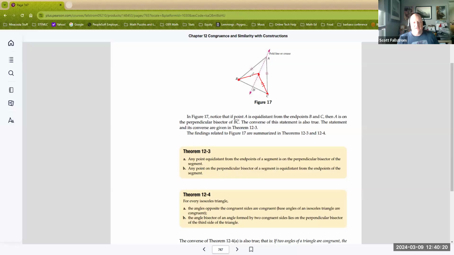So if I think these are the same, the point I just created has to lie on the perpendicular bisector. And if you pick any point on the perpendicular bisector, guess what? The length of these two pieces right here will be exactly the same. So if you pick a point on the perpendicular bisector, then it is equidistant from the endpoints of the segment. If you pick a point equidistant, then it's on the perpendicular bisector. So this is like a two-way street. This is like a biconditional.